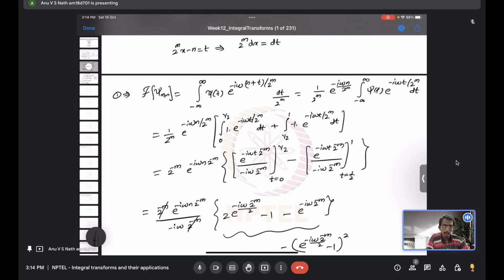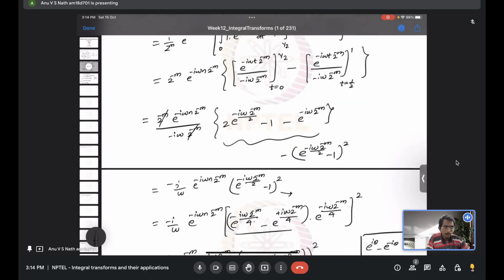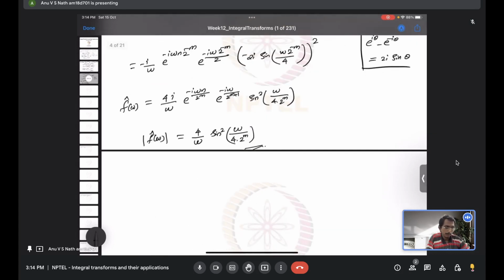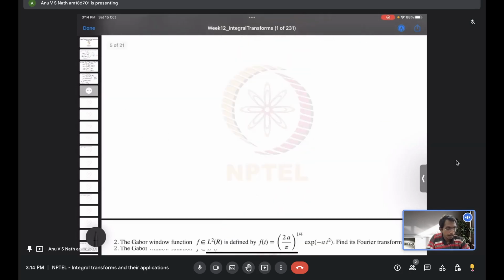We are taking out all the constants and only keeping the exponential terms which are dependent on time, and then we are integrating. Then with a little algebra we are just modifying a little bit. So finally we found the Fourier transform, and we are taking its absolute value, which is just a real number. So that's what we have done. So I hope that is clear. So we'll move to the next problem.